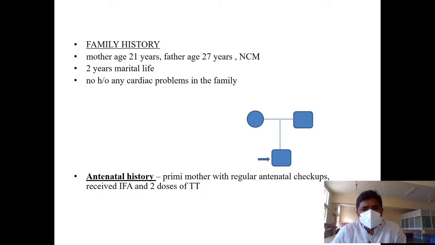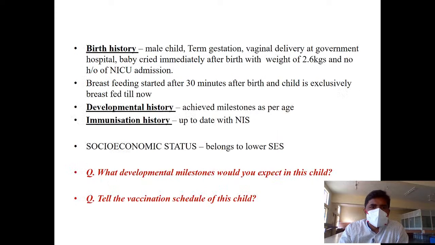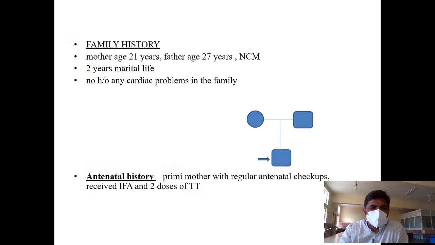And then antenatal history. What is the importance of antenatal history? Here the mother is a primigravida, had regular antenatal checkups, received iron folic acid and received 2 doses of TT. And you should ask for any teratogenic drug intake. Suppose a mother is a known case of epileptic disorder and takes anti-epileptic medications, especially sodium valproate, and she doesn't know that she has conceived, and continued taking anti-epileptics in the first trimester.